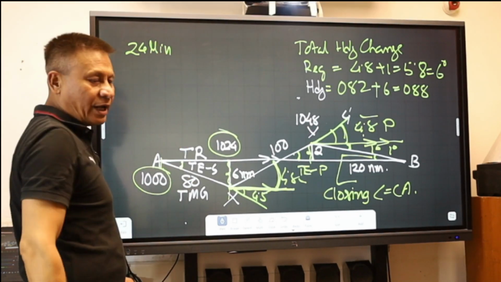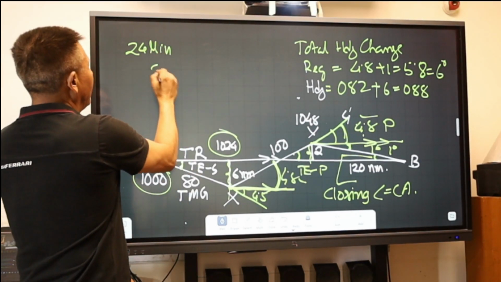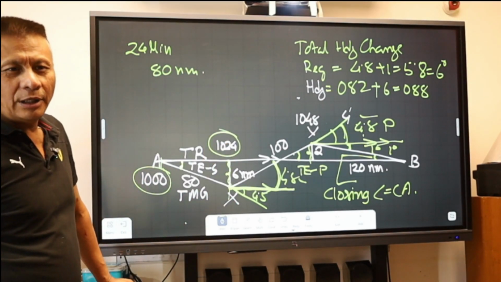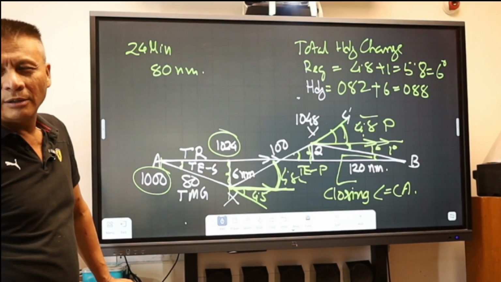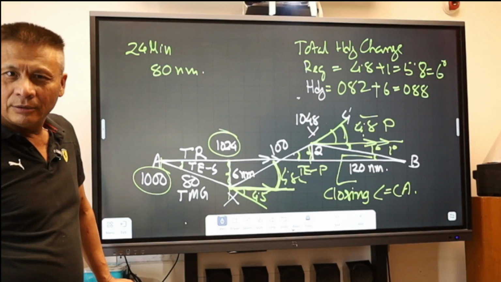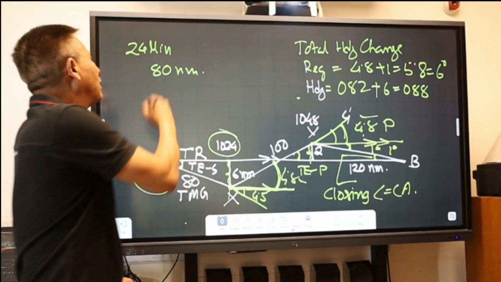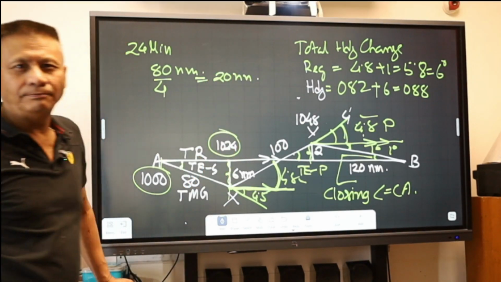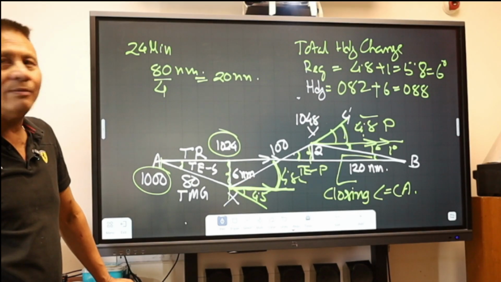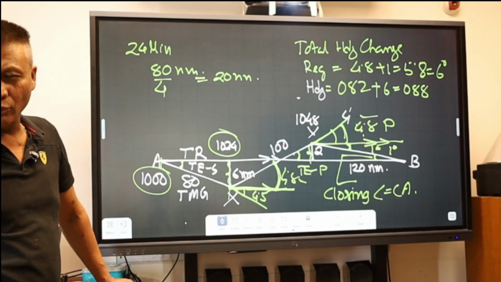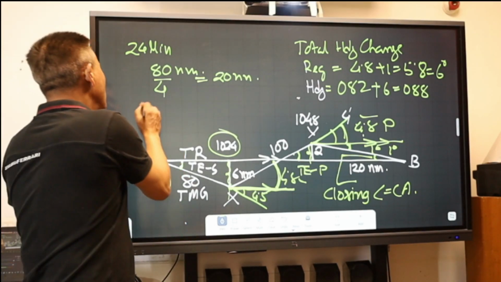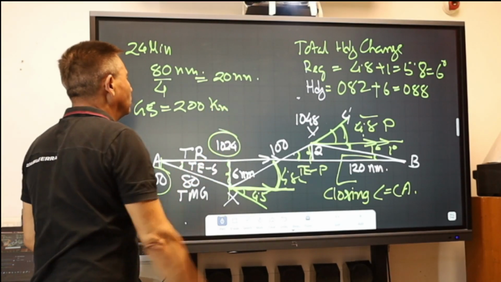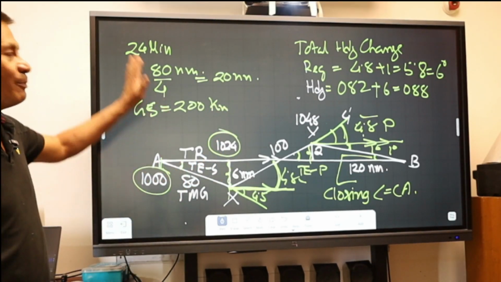In 24 minutes, the aircraft has traveled 80 nautical miles. So in 6 minutes, which is 1/4 of 24, I will travel 20 nautical miles, right? In 6 minutes, I will travel 20 nautical miles, so the ground speed is 200 knots. This is for practice only.